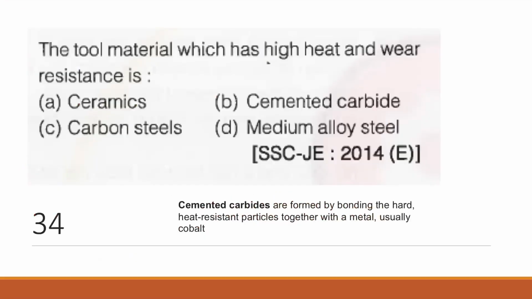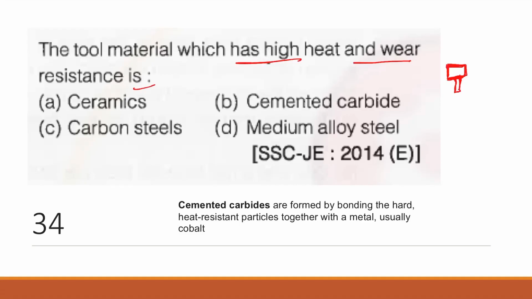Now the next question, number 34. The tool material which has high heat and wear resistance is. Basically tools are made of various alloying materials, and those alloying materials are added to the tool to control its strength, hardness, ductility and various other properties.